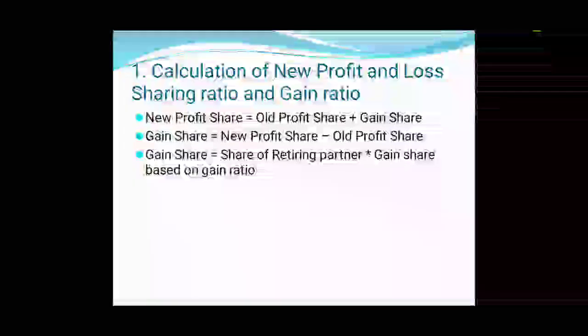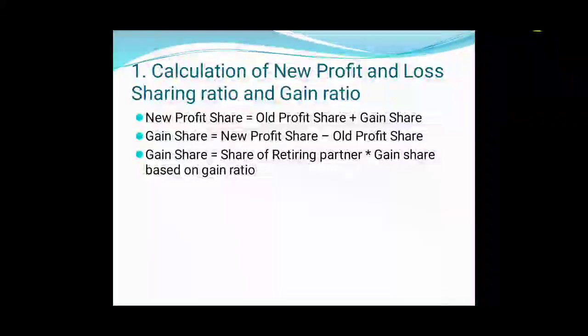These two formulas we already know, and sometimes they will give us the gain ratio, and from that we will find the gain share, and then the gain share will be added to the old profit share to find the new profit and loss share. So how to find gain share? Gain share will be calculated when the gain ratio is given.